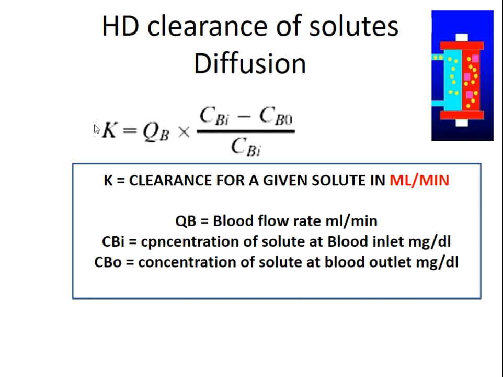For example, if we are measuring clearance of urea, we multiply the blood flow rate by the concentration of blood urea at the blood inlet minus the concentration of urea at the blood outlet, divided by the concentration of urea at the blood inlet.